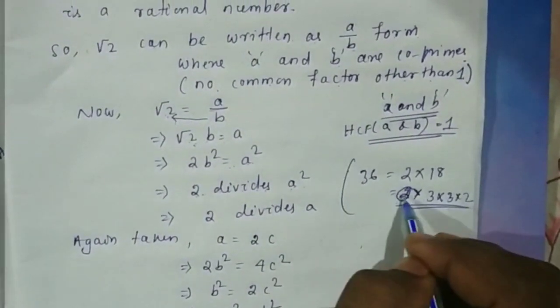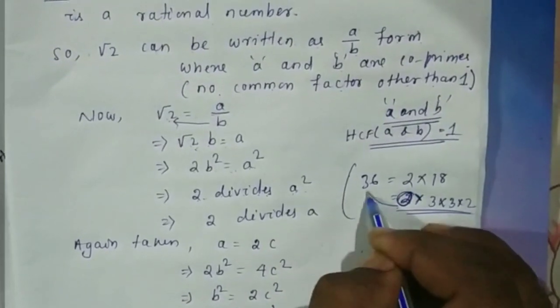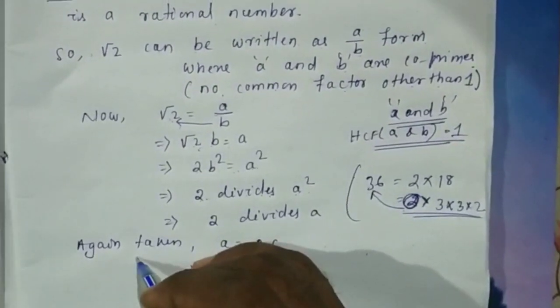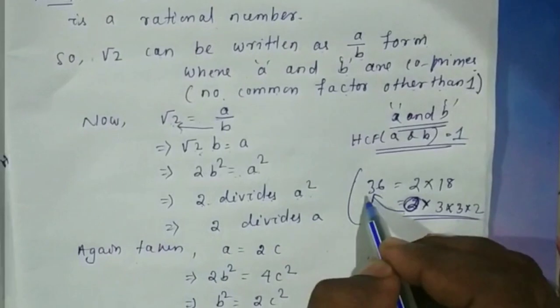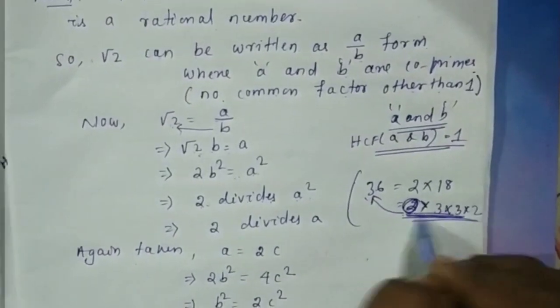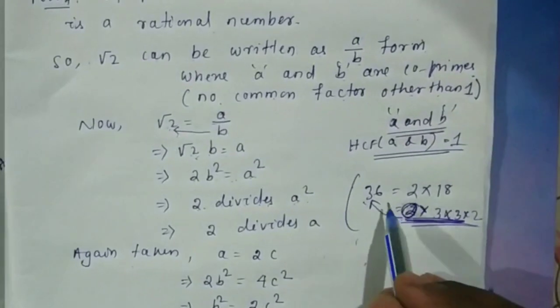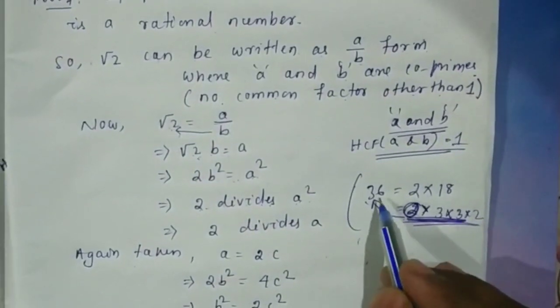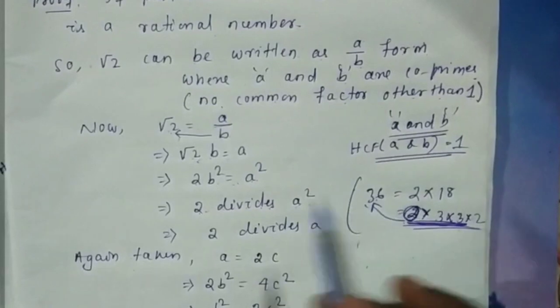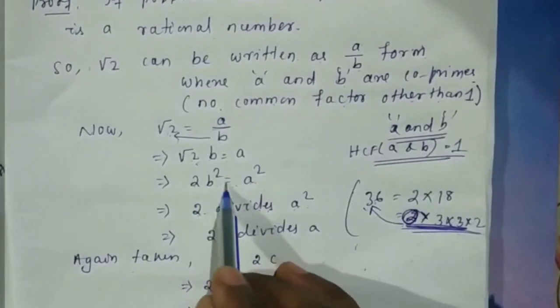So we can say that 2 is one of the factors of 36, because I wrote 36 as a product of prime factors, by the definition of the fundamental theorem of arithmetic. Like that, 2b square is equal to a square.